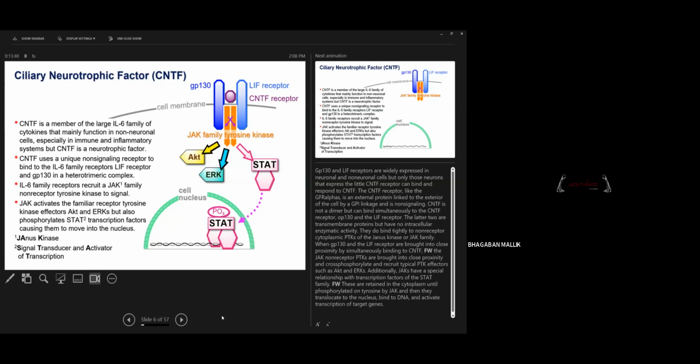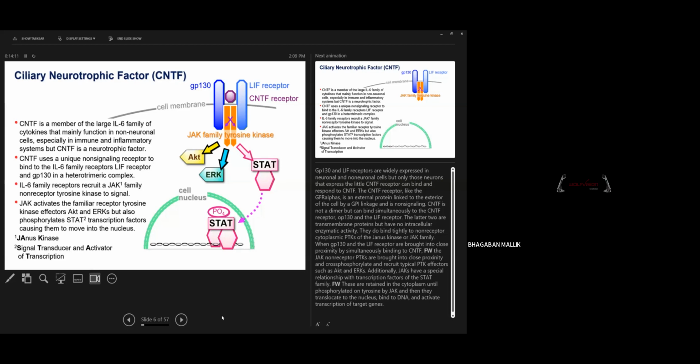After binding of this ciliary neurotrophic factor, it activates a downstream signaling cascade, basically JAK family tyrosine kinases, which can further give signal to effectors like AKT, ERK, or STAT. STAT again is a transcription factor.